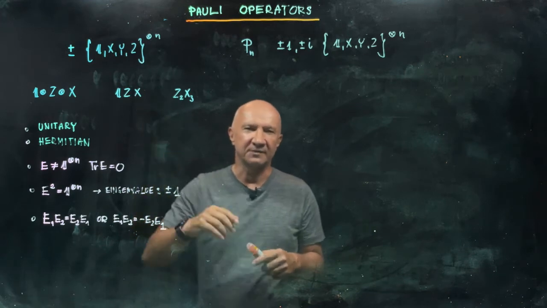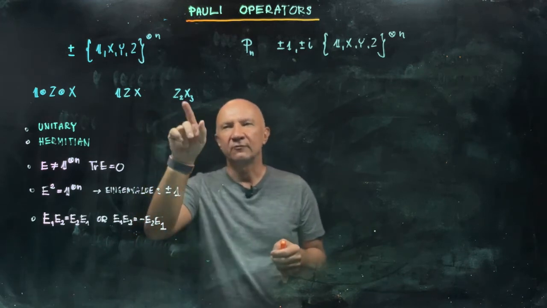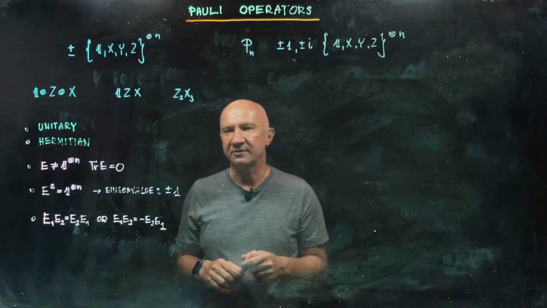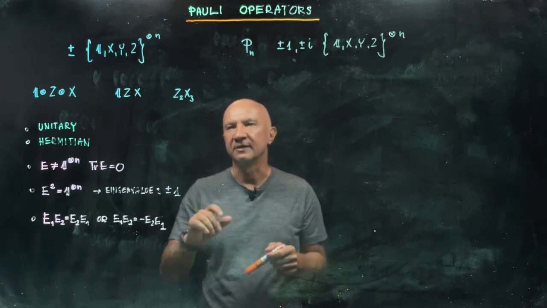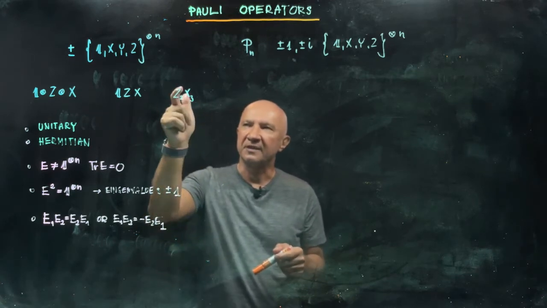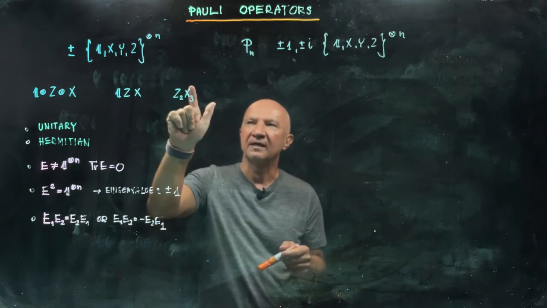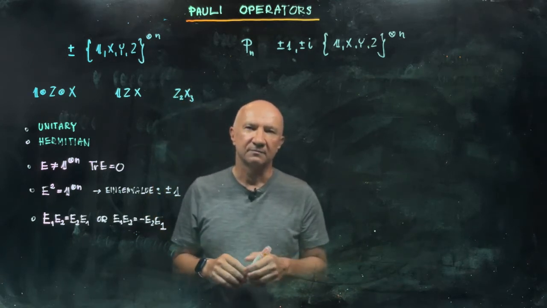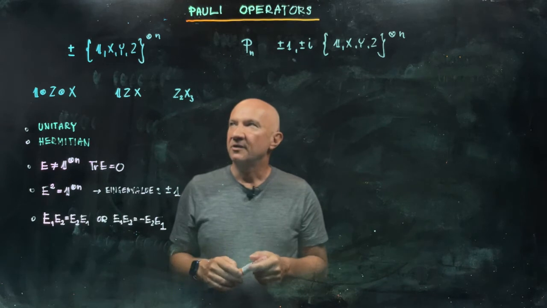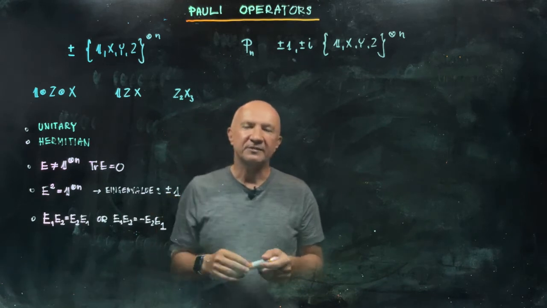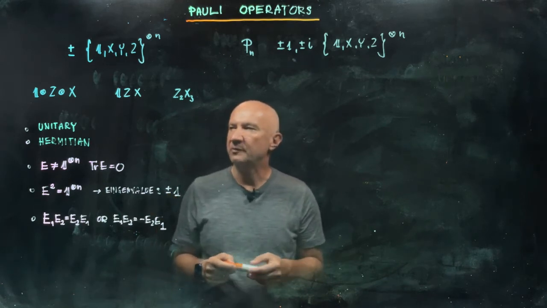We just drop the tensor product sign. Or if you want to go for even more compact notation, you'll find it a lot in the literature, you can write it as Z on the second qubit, X on the third qubit, and so on and so forth.